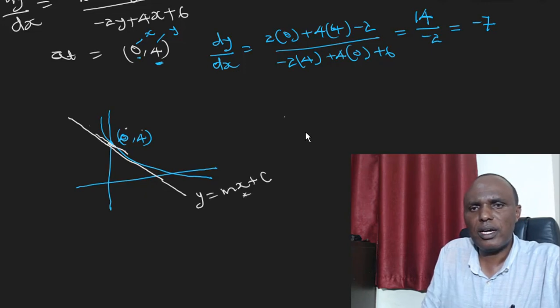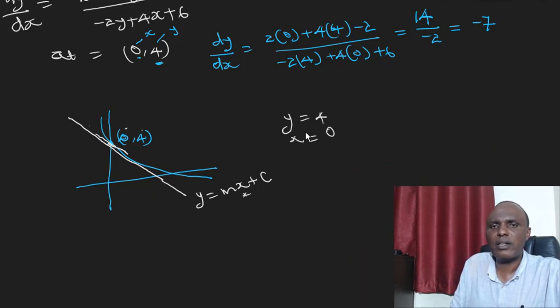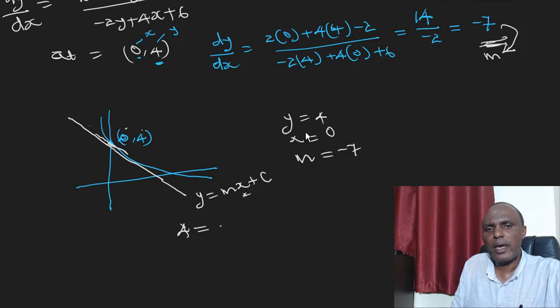Here y is equal to 4, x is equal to 0, and m is equal to negative 7. So let us now work out the value for c. The 4, which is our y, is equal to negative 7 multiplied by 0, plus c, and in this case c is equal to 4.